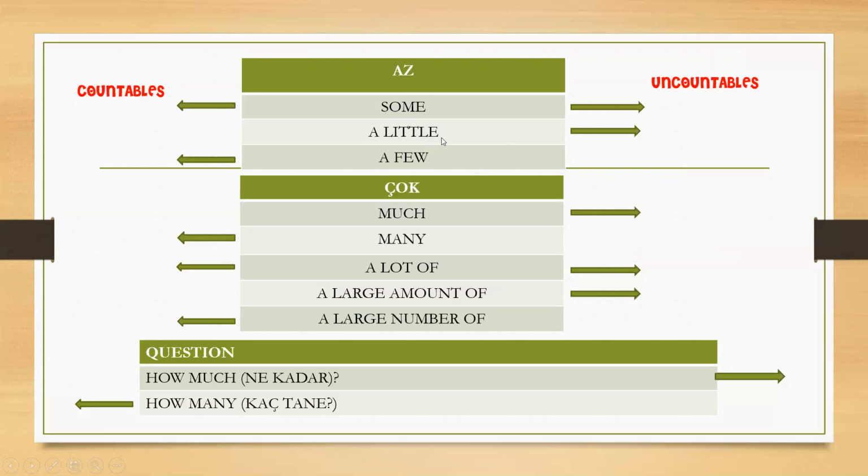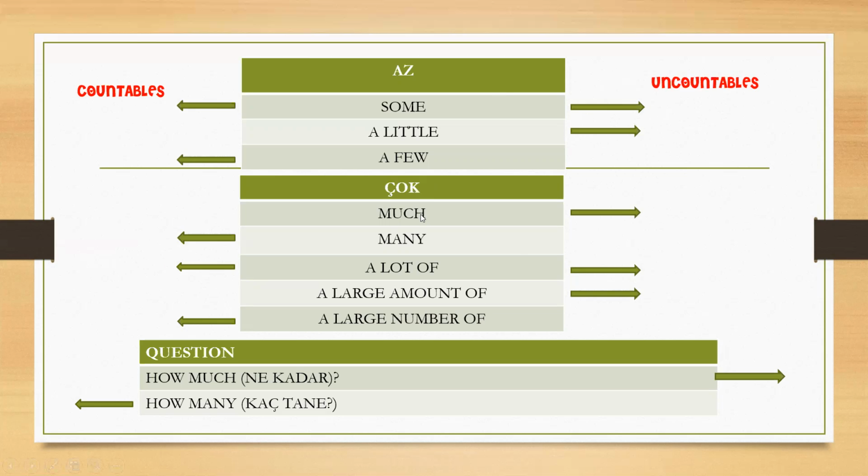We will say then a little coffee. As for countable nouns, we can only use a few. Birkaç tane, birazcık. Okay? We can say then a few potatoes.